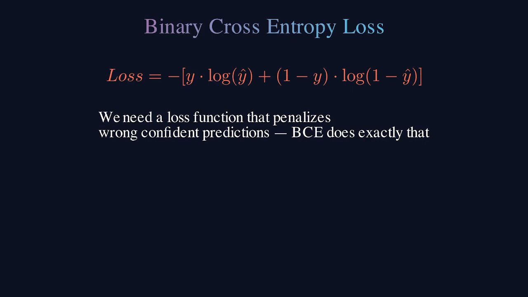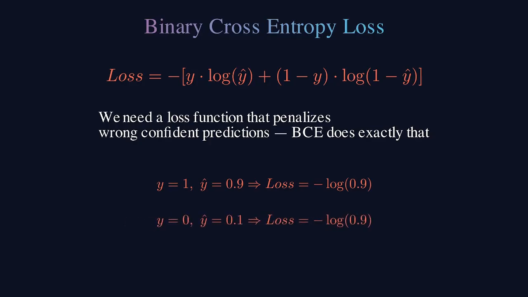So yeah, we will need a loss function that penalizes wrong confident predictions, and binary cross entropy does that. Basically what it's saying is, when we have an output, we will need a function. If our prediction is far away from the output, we need something which will penalize it. Now let's see how it works.